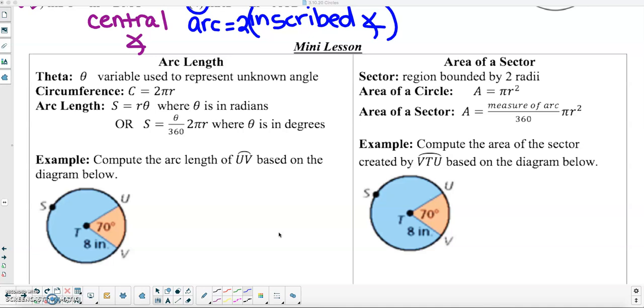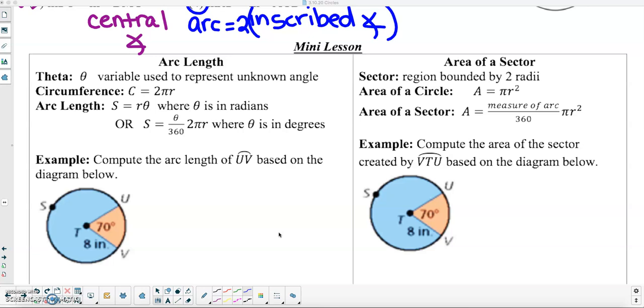When we're looking at arc length, there's 2 formulas that we can use. We can either use the first formula, where your arc length is represented by S, and your theta represents your angle, but in radians. Radians is a little bit different than degrees, which we will get into in another video.